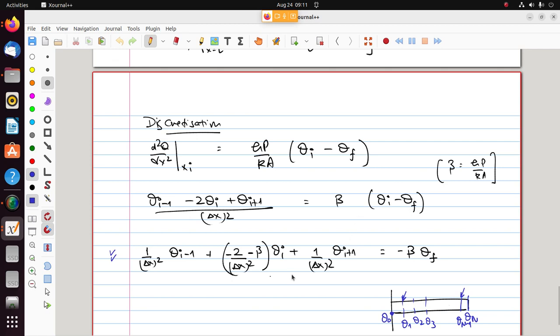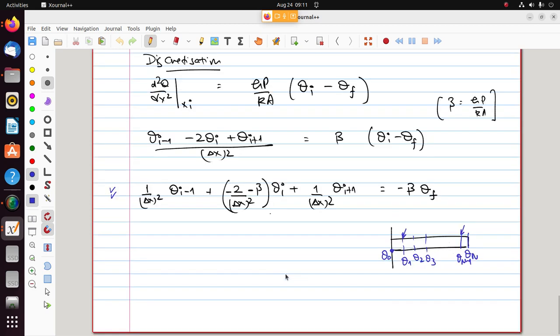When you combine the unknown terms on the left hand side and the known terms on the right hand side, you get a linear equation, or in this case actually a system of linear equations, because this equation is written for xi, and xi will vary for all the interior points.